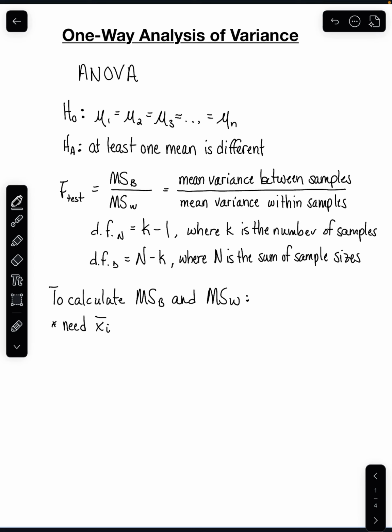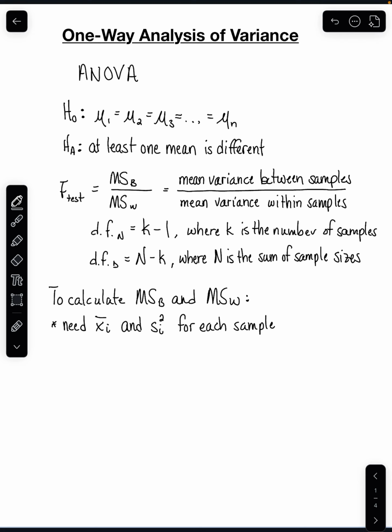So we need x bar sub i and s squared sub i for each sample. We're going to need the mean and the variance of each sample.